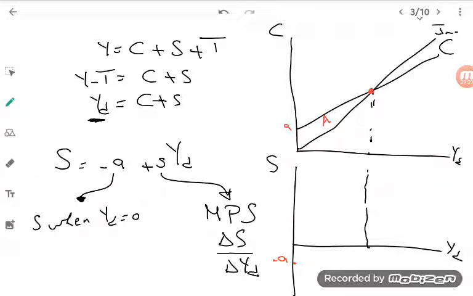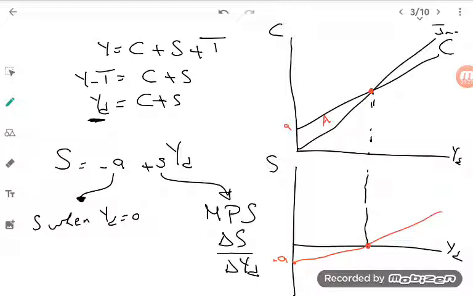At this point, consumption is equal to income, so savings will be 0, and this is income. So this is the saving line. After this point, income will be greater than consumption, so there is positive savings.